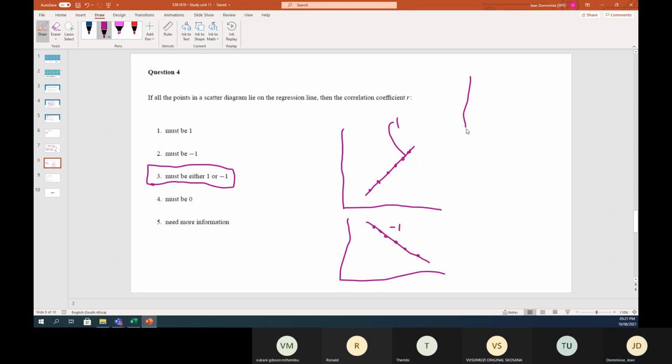If you have no correlation, you will have a straight line like that. Your points are scattered everywhere around it, and then you have a straight line with a coefficient of 0.